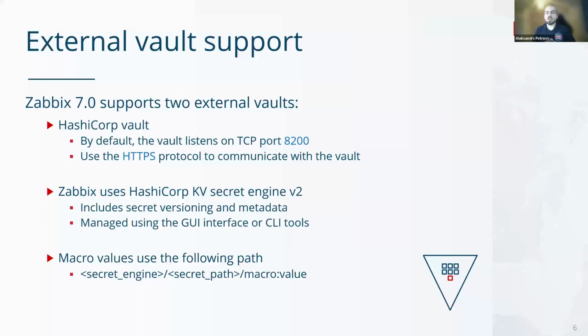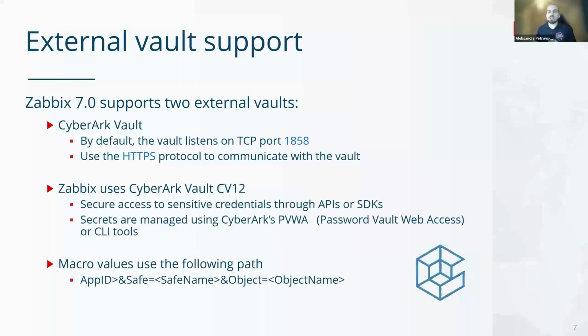After that, you can safely switch to the web interface. And the macro values use a specific path, right? They have a specific syntax, which you can see right here on the slide, which you might need to provide in Zabbix as well if you keep not only database credentials in the vault, but other configuration-related secrets.